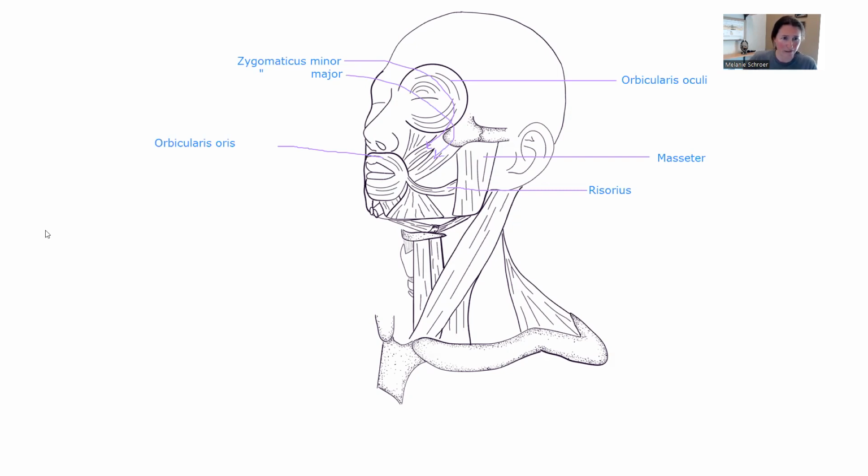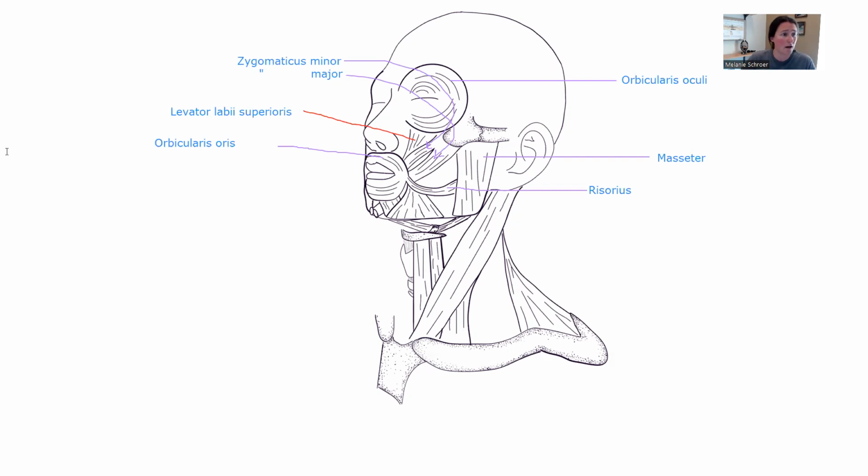Change the color because it's going to start getting a little bit crowded here. This muscle is responsible for elevating the upper lip. So this one is the levator labii superioris. Right? It literally elevates the lip of the superior side of the mouth.